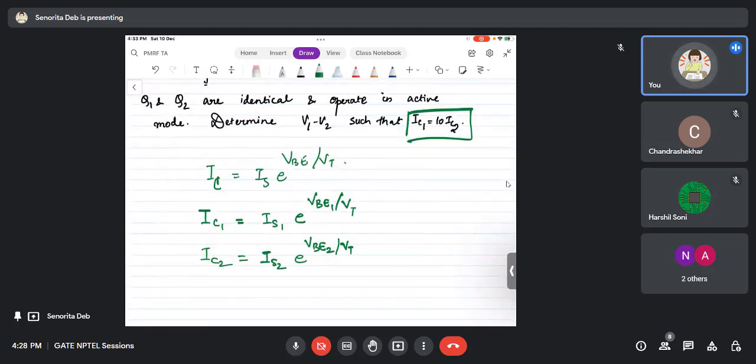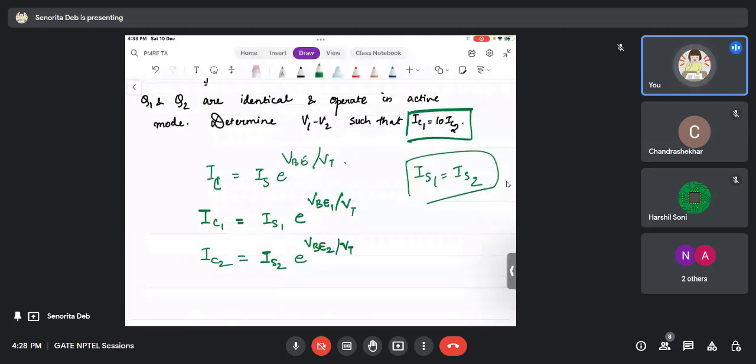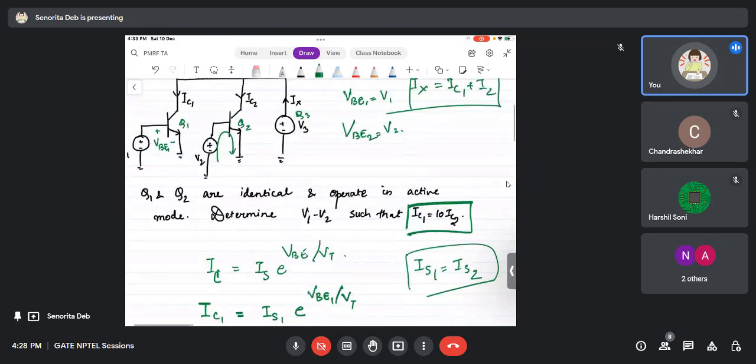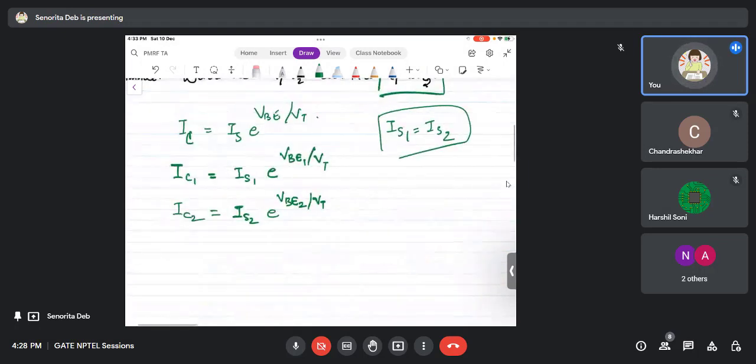Q1 and Q2 are completely identical transistors, that means IS1 equals IS2. But VBE depends on the biasing we are giving from outside, that is V1 and V2. So V1 and V2 are the biasing voltages, and that decides your VBE.